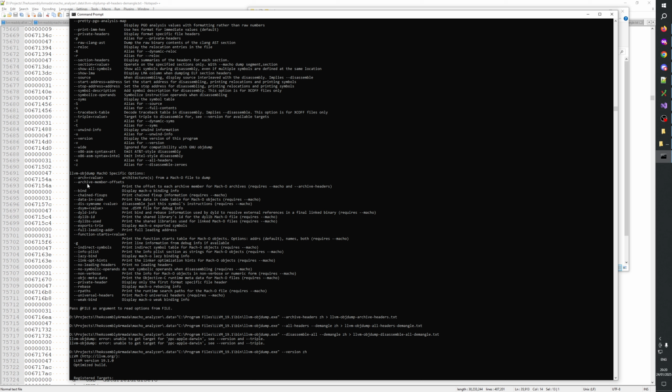Architecture. Okay. Bind. Display MachO binding info. Print the data encode table.